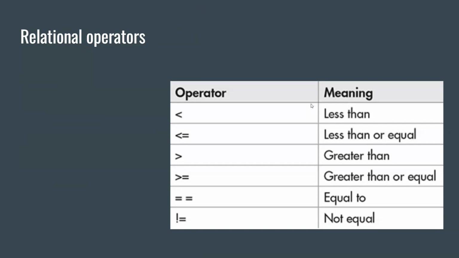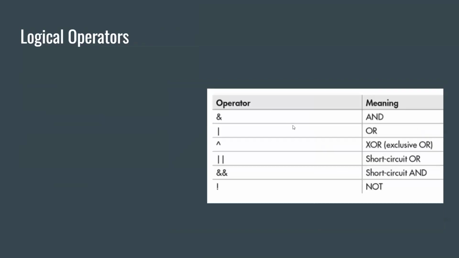And we have relational operators, which are similar or almost the same as in other mainstream languages. We have less than or equal, greater than or equal to, not equal. And we have logical operators.